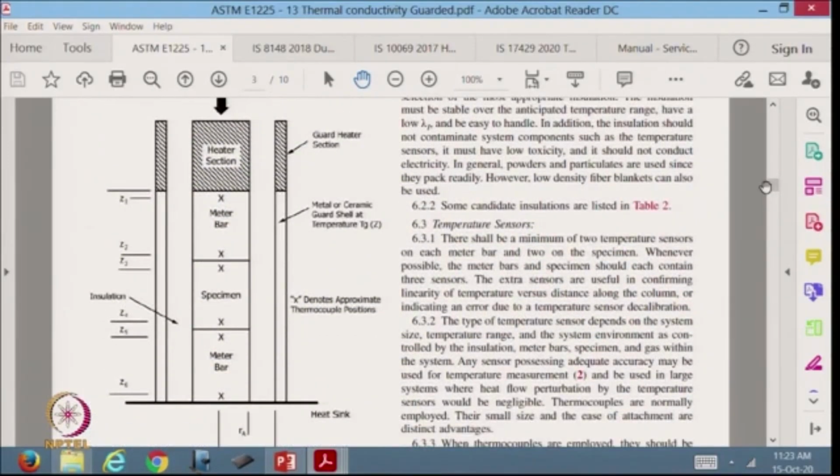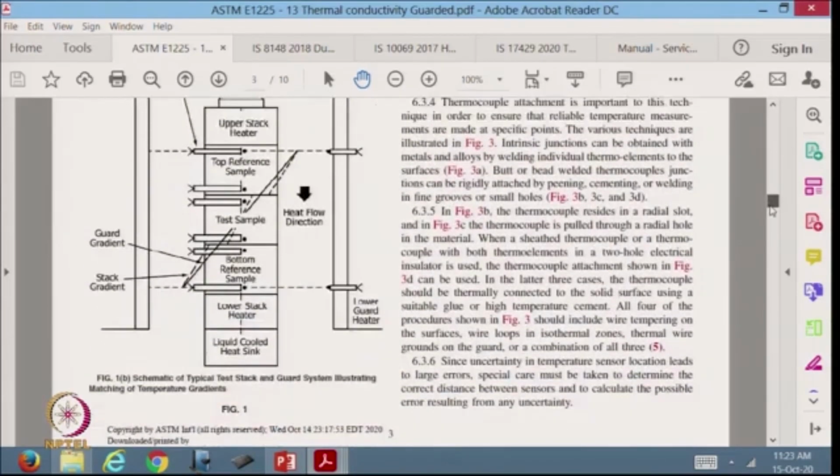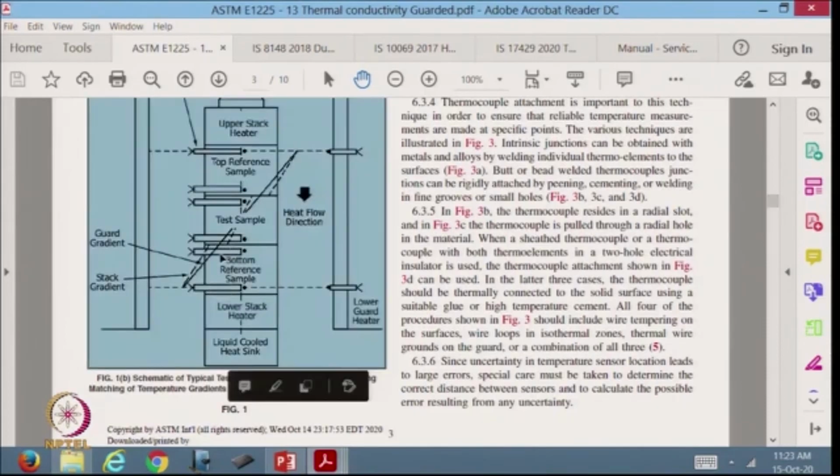So, it gives us a sketch of what the general arrangement of the system should be. There they have said that there is a specimen bar, a meter bar, heater section, guard heater section, how much distance they should have, and also where we should put the temperature sensors. So, these are all the temperature sensors that are coming here, this one, this one, this one, like that.